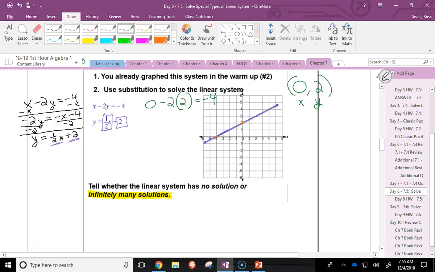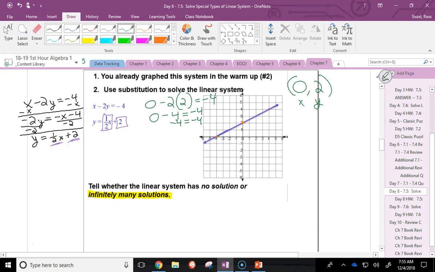This, when we work out, should become a true statement. Well, negative 2 times 2, I'm going to have negative 4, and 0 minus negative 4, we have negative 4 equals negative 4. It's true.